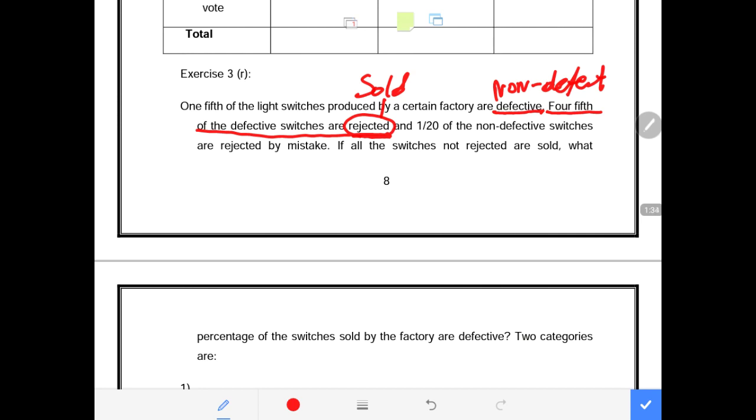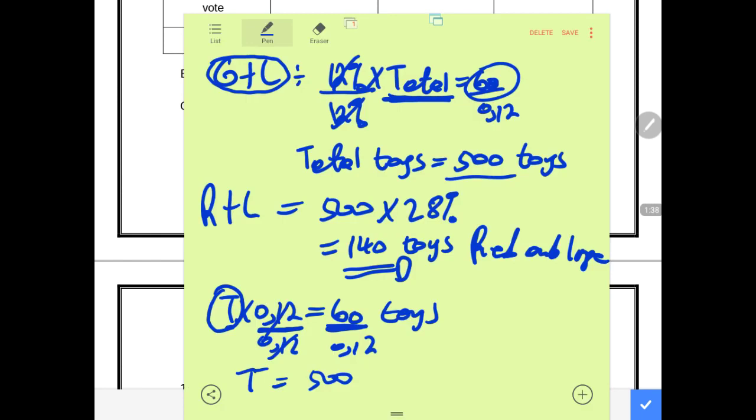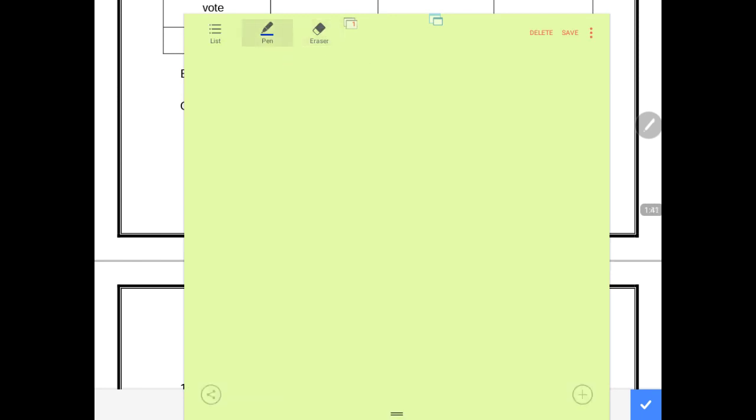Now let us draw our table from the information that we are provided. We have these two that are defective, and those that are non-defective.